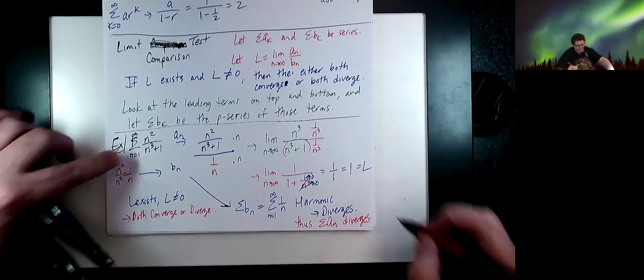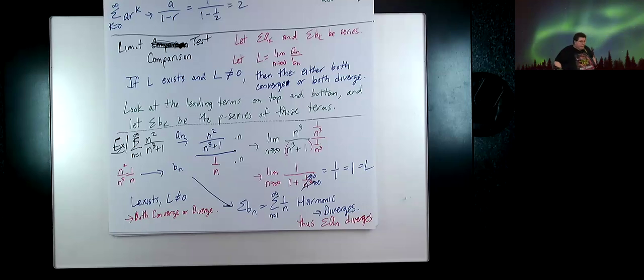With the a sub n labeled right there. And we showed it diverged a little bit ago doing the comparison test. I think this test is a little bit easier to do than the comparison test. Comparison test, you've got to compare it, make sure it's right. Here, they converge together or diverge together.